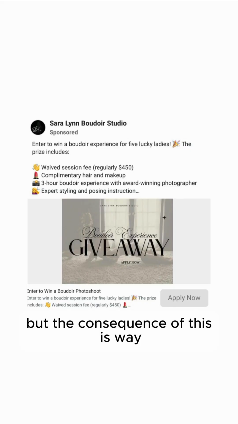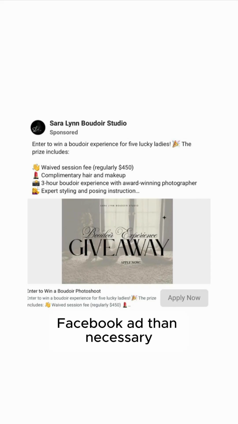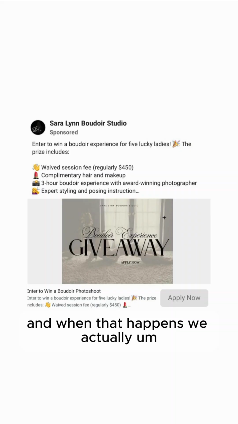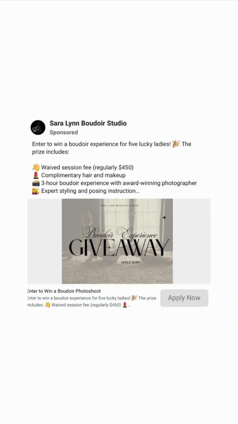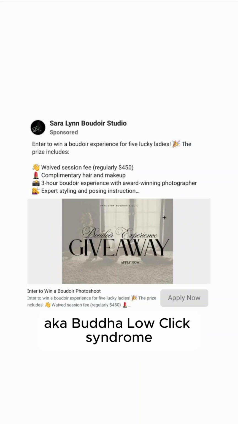But the consequence of this is way more women scrolling by our Boudoir Facebook ad than necessary. And when that happens, it pulls unique CTR all under 6% and contributes to BLCS, aka Boudoir low click syndrome.